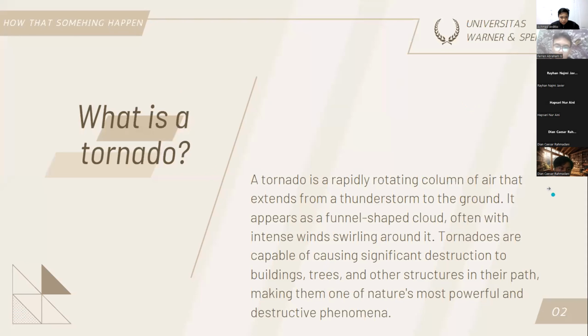It appears as a funnel-shaped cloud, often with intense winds swirling around it. Tornadoes are capable of causing significant destruction to buildings, trees, and other structures in their path, making them one of nature's most powerful and destructive phenomena.